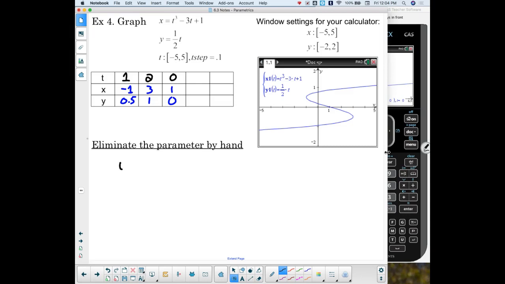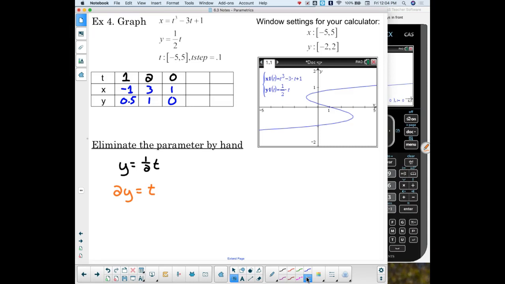Okay, so I'm going to pick y equals 1/2 t to eliminate the parameter with. Because I can multiply both sides of that by 2, giving me 2y is equal to t.